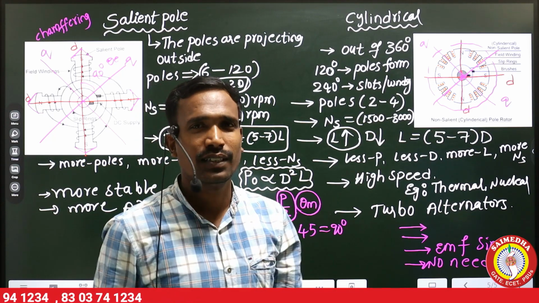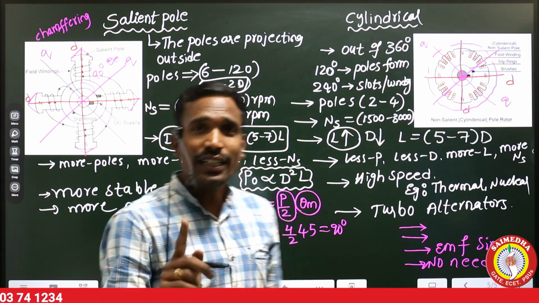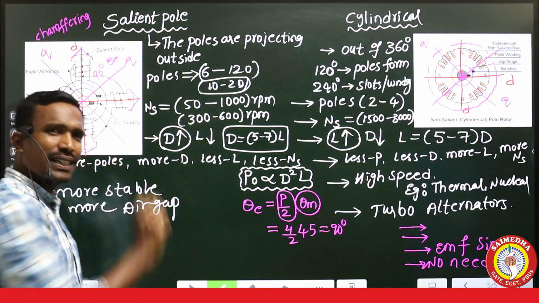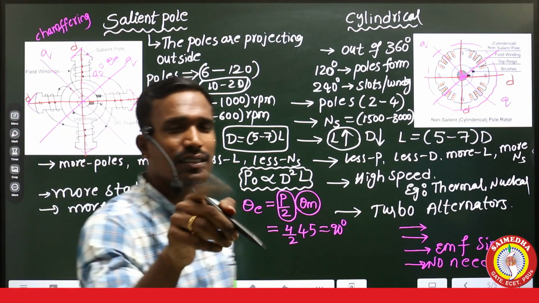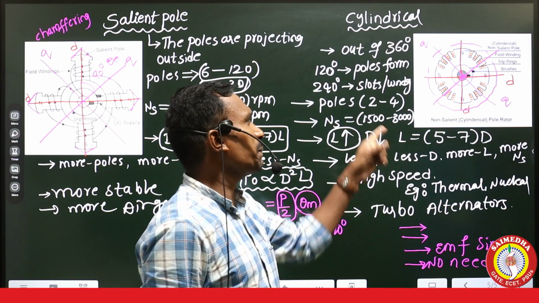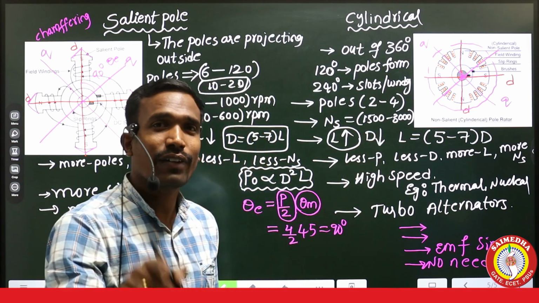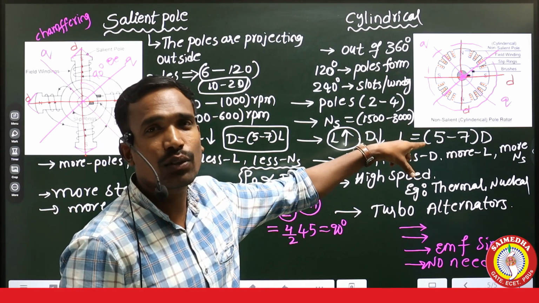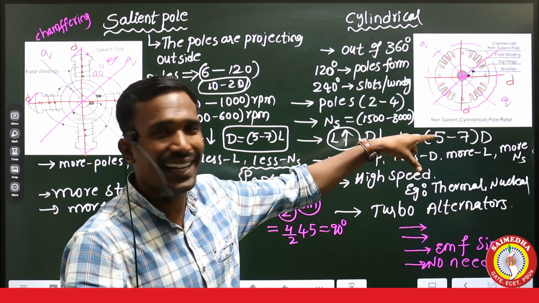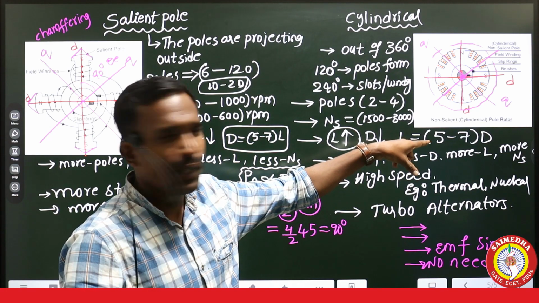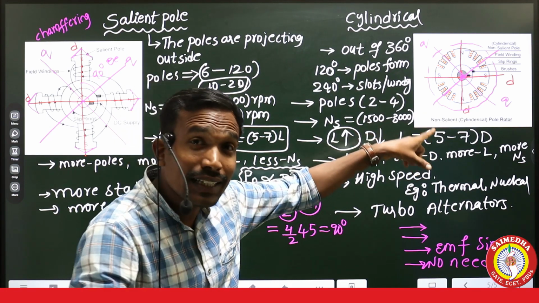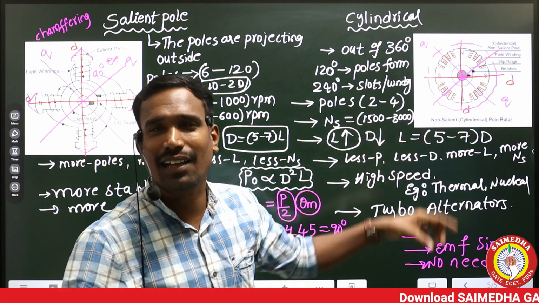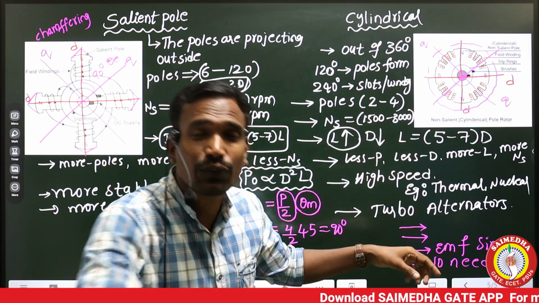The second point: where the speed is minimum, we can use concentrated winding. Where the speed is maximum, we have to use distributed winding. Otherwise, if the speed is more, the winding will come out from the slots.